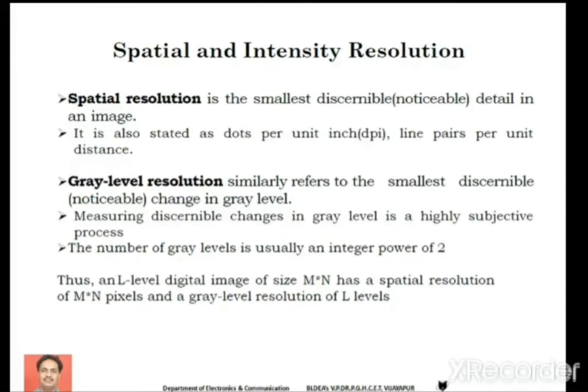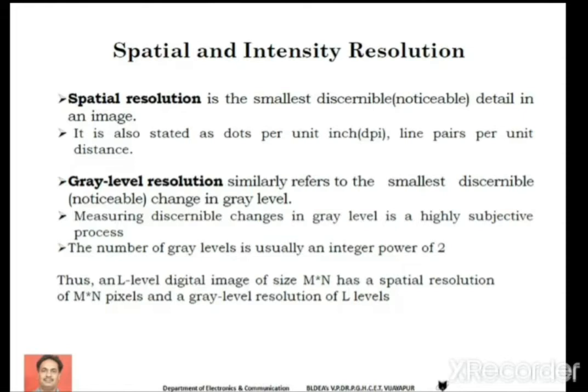We have seen that the number of intensity levels will be L equal to 2 raised to K. Remember, the number of gray levels will usually be an integer power of 2. Suppose K equal to 8, we are going to get 256 intensity levels, from 0 to 255.